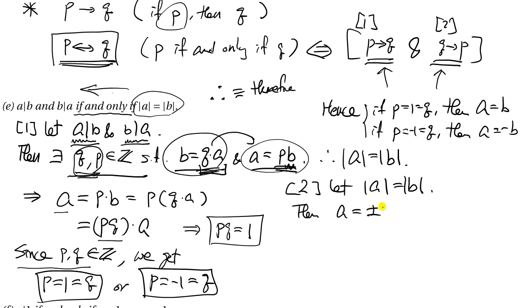A must be plus or minus B. That means A equals 1 times B, or at the same time, A equals negative 1 times B. So from here, we found an integer having those relations. So B must be a divisor of A.